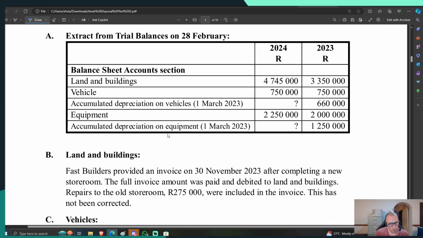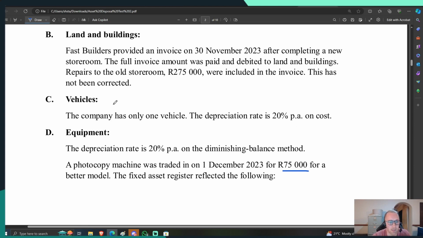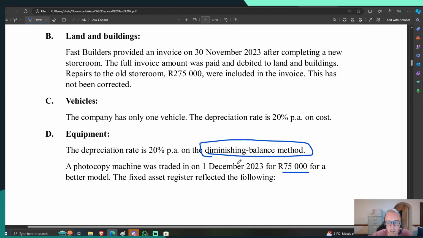We have to take the disposed equipment out of the equipment figure, and the disposed accumulated depreciation out of the accumulated depreciation figure, because we're doing it on the diminishing balance method, which means we have to use book value. So we have to take accumulated depreciation off of the equipment amount.